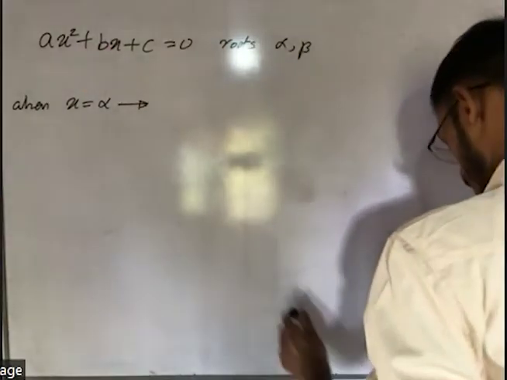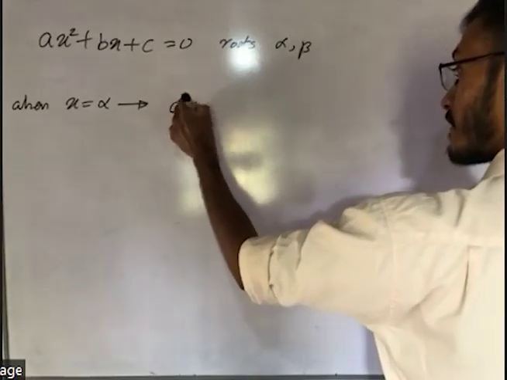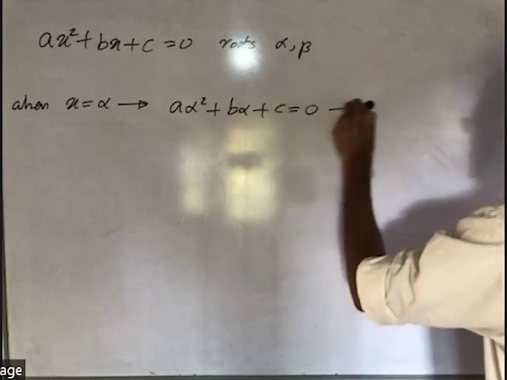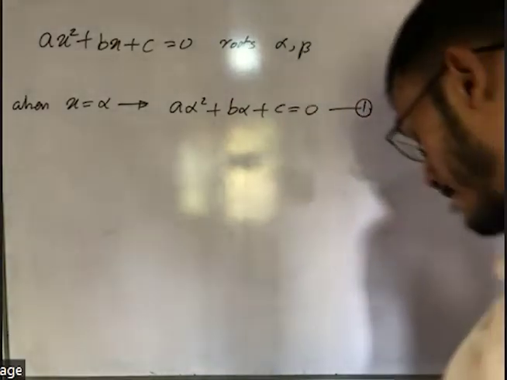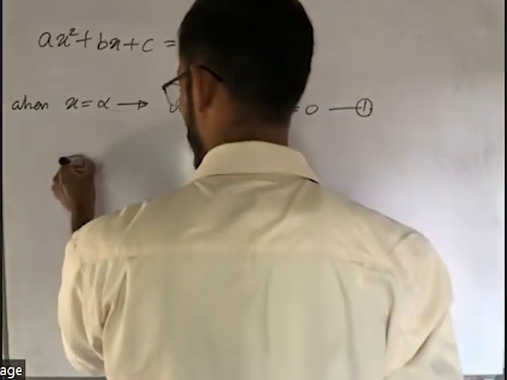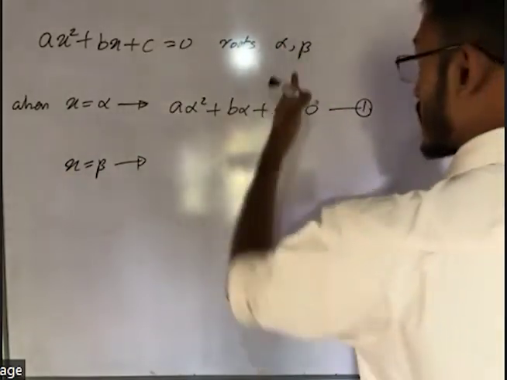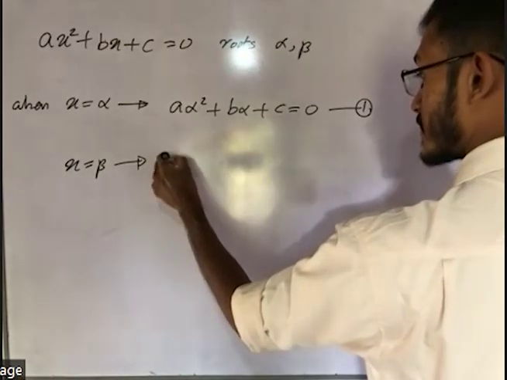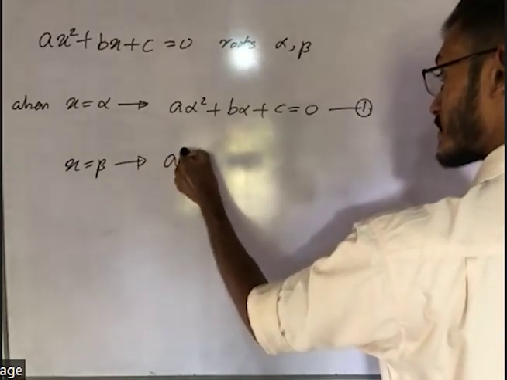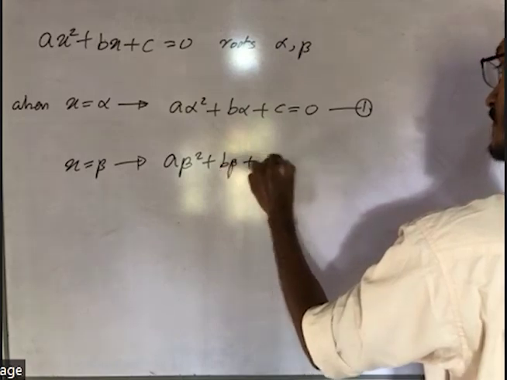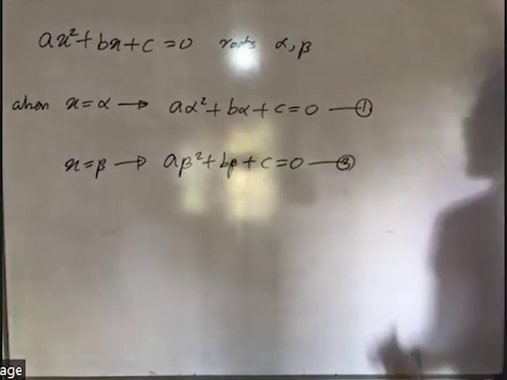So a alpha square plus b alpha plus c equals 0. I will take this as number 1. When x equal to beta, beta is also a root. Therefore, it will satisfy this equation: a beta square plus b beta plus c equal to 0. This is number 2.